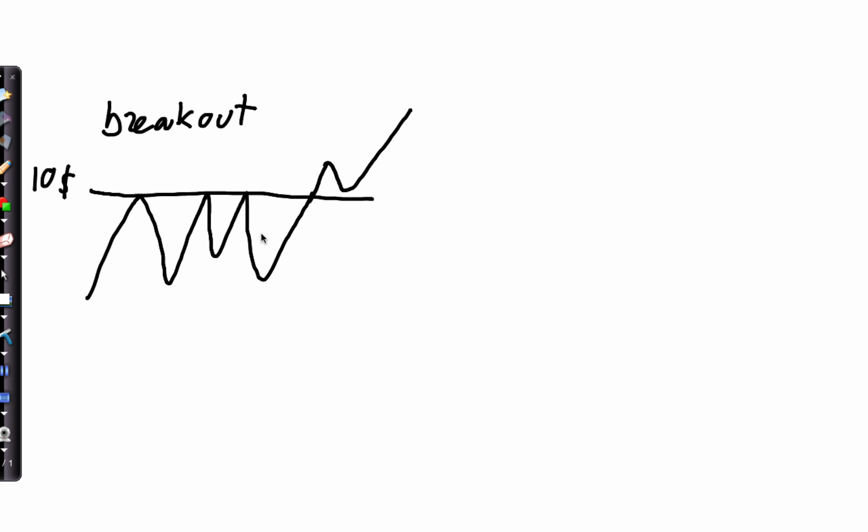So in this situation, suppose that you see your price approaching this resistance level. What you can do is submit a stop order, because the stop order will basically say if the price is going above 10, then I will buy, right?